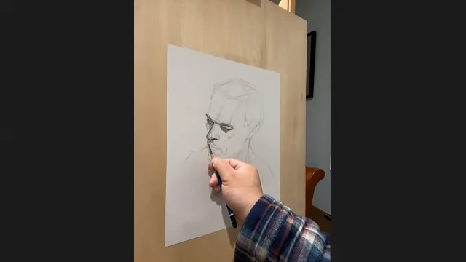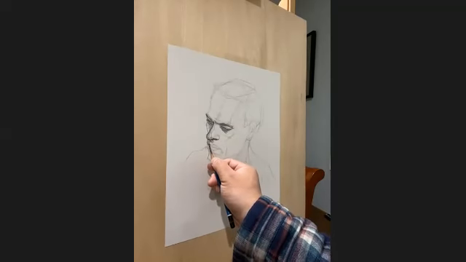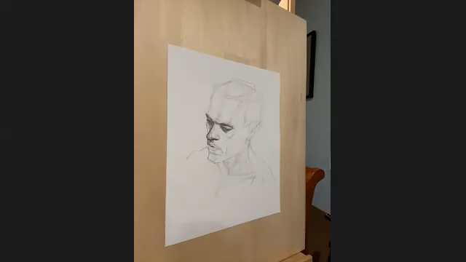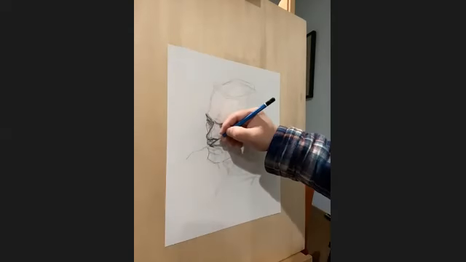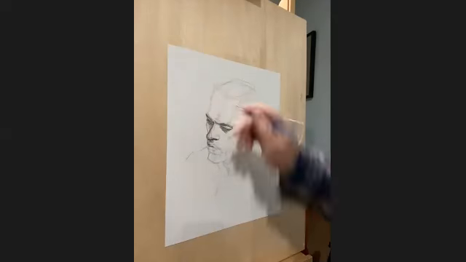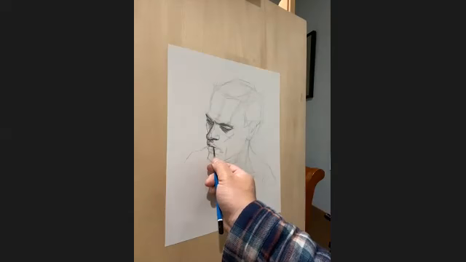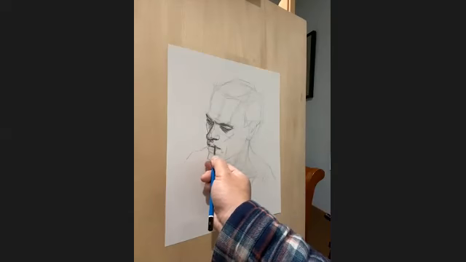Okay, now I'm working on the lip. When you draw the lip, you can see that the right side is much clearer, and the left side is less clear, because this side is close to you. So you need more contrast.